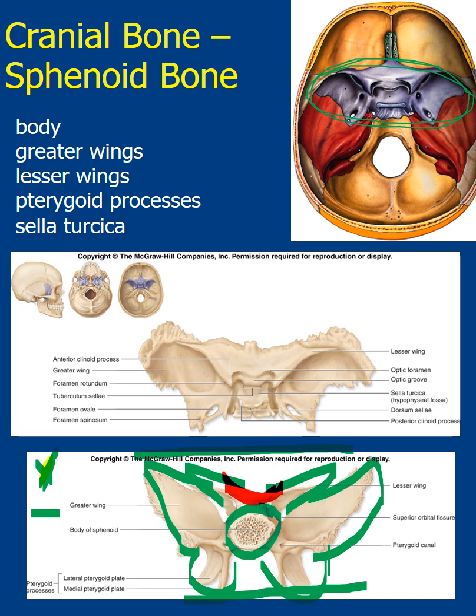So I want to now go up to this image, and now you're looking down on the sphenoid bone. And the sella turcica will be right here in the middle. Very important because this is going to be a depression that's going to house one of the most important endocrine structures that we have, our pituitary gland.